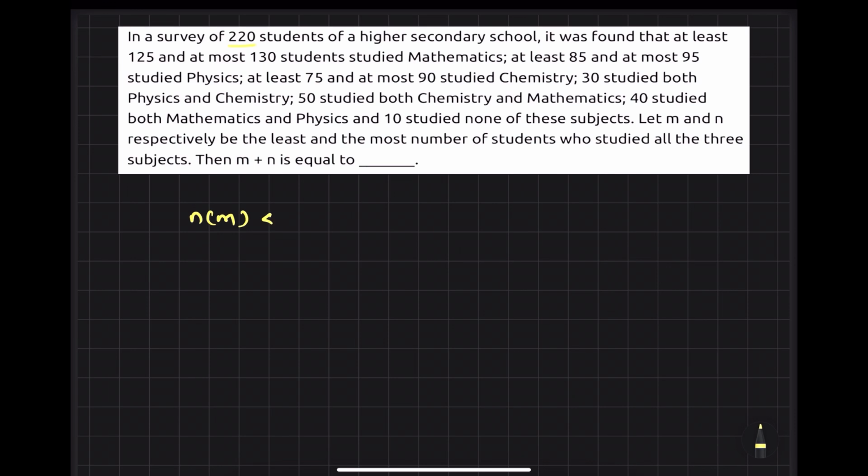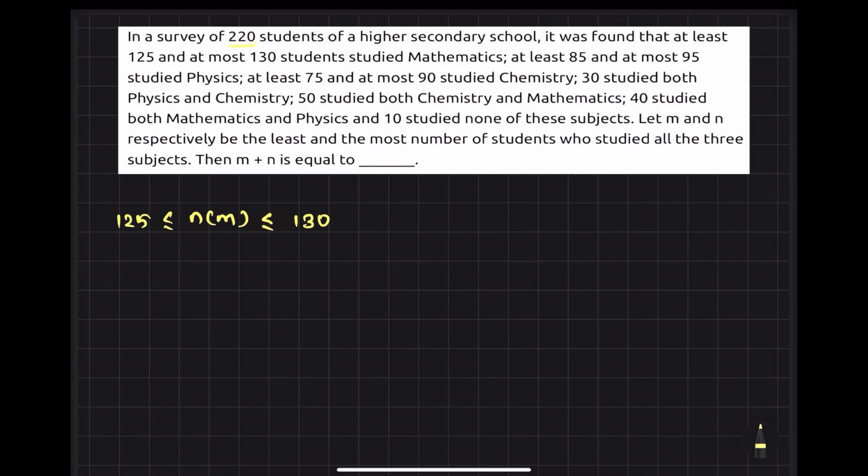In the previous question they gave you an upper limit and the lower limit was undefined, but this time they have restricted both. So the lower limit is 125, the upper limit is 130. Now just look at how we will handle this problem.